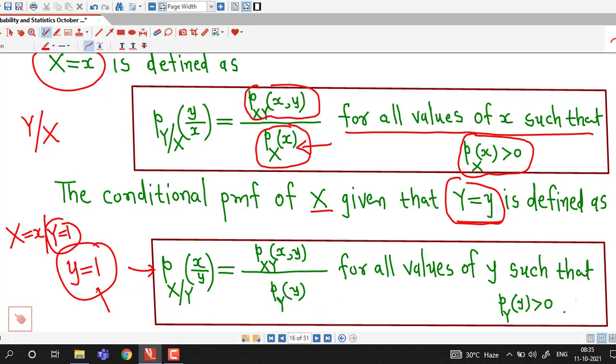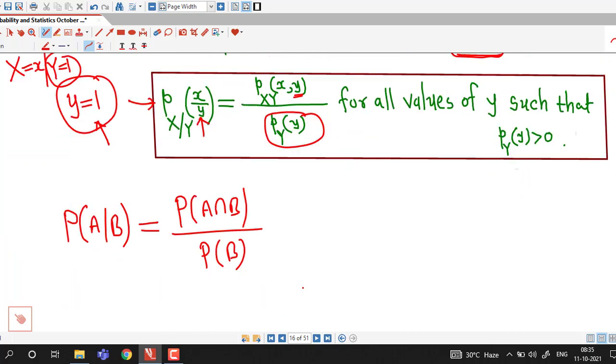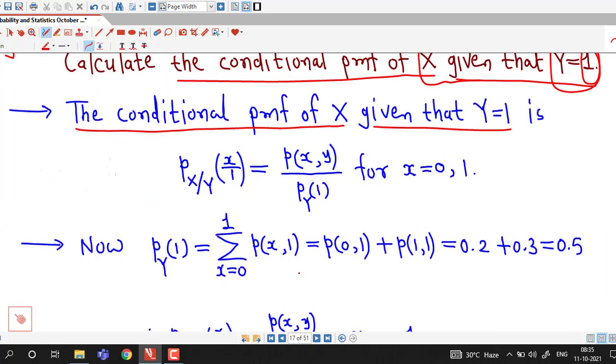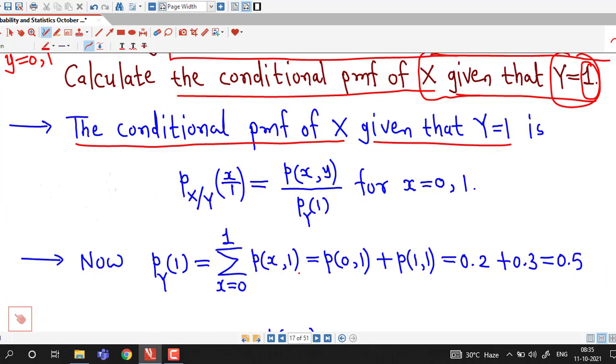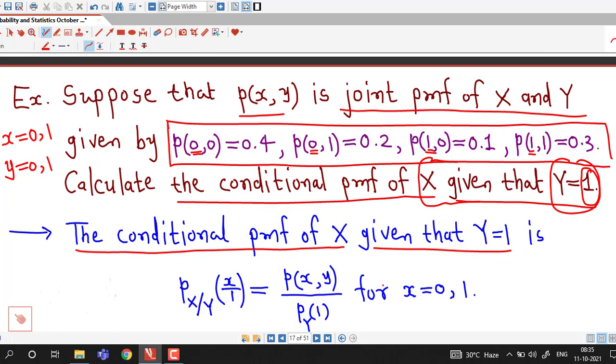So this we use for the particular value of y, which is 1. By definition, p of x given 1 equals the joint PMF of (x, y) divided by p of 1, and this we have to find for x equal to 0 and x equal to 1.